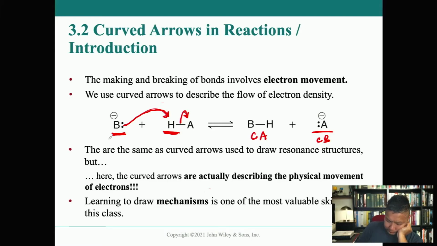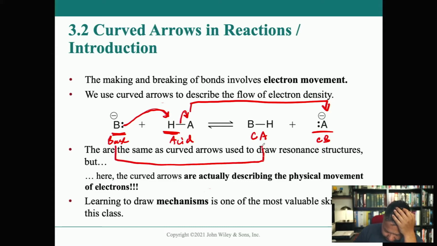And of course, this is the base. It's already labeled that way, so you should know that that's the base and that's the acid. And just a reminder, the acid always yields the conjugate base, right? And then the base always yields the conjugate acid, right?